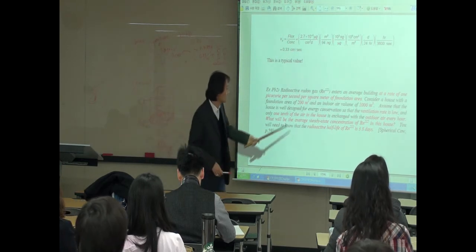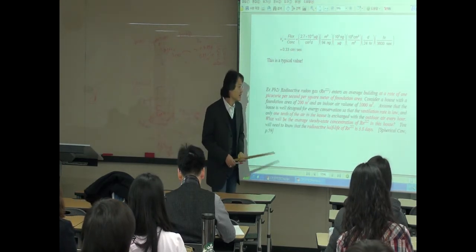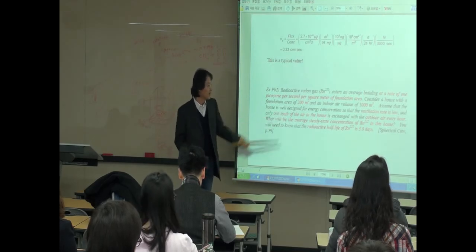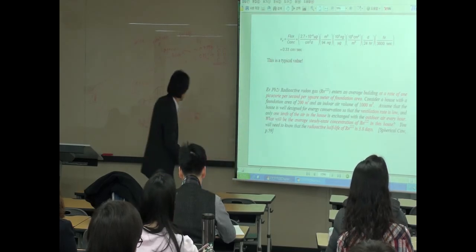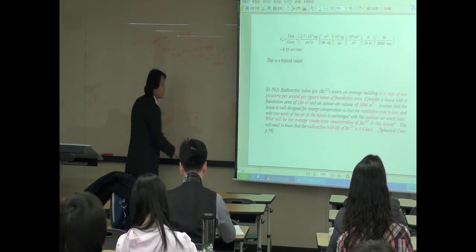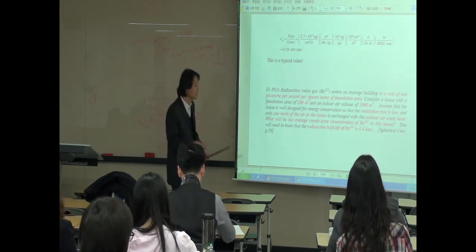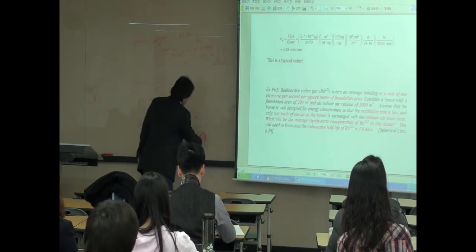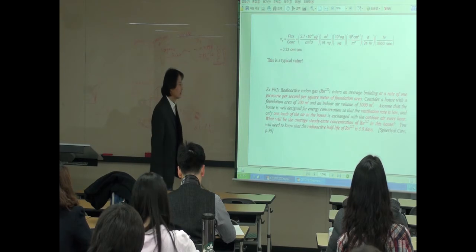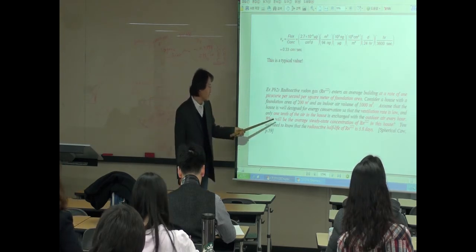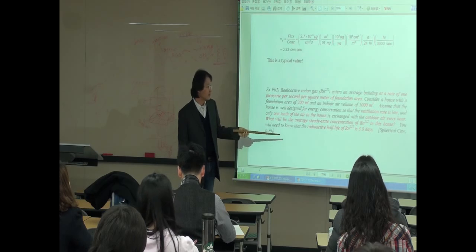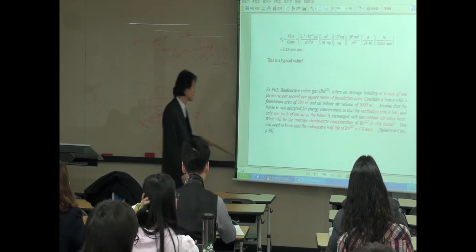Right. So with energy conservation, the ventilation rate is low, and only 1/10 of the air in the house is exchanged. So 0.1 portion exchanged, I think every hour. What will be the average steady-state concentration of radon-222 in this house?